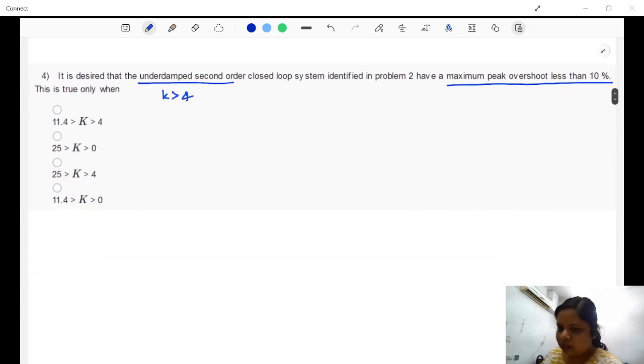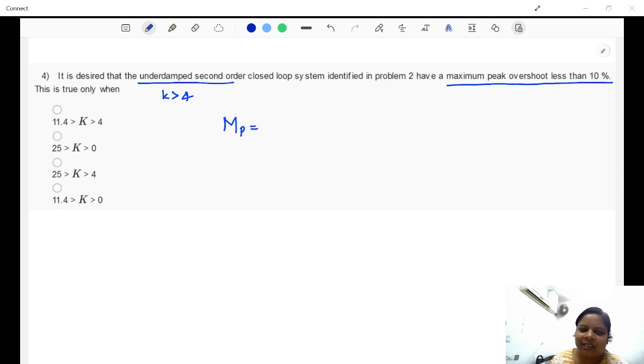In the fourth question, we are supposed to have a peak overshoot of less than 10%. So there was a formula for maximum peak overshoot. It was just in the form of zeta. When we did this maximum peak overshoot problem, if you have more overshoot, that means the system has less damping. If you have more damping, there would be less peak overshoot.